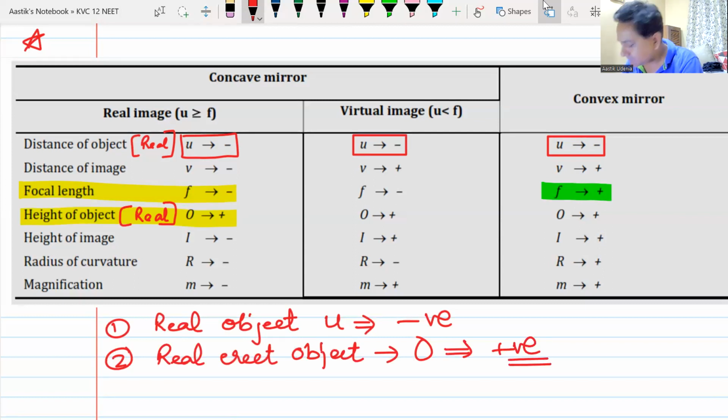Do we understand this? If the object is kept like this, the height will be positive. Yes or no? You may not write what is there in the entire sheet. I'm just highlighting the important points that you have to write.